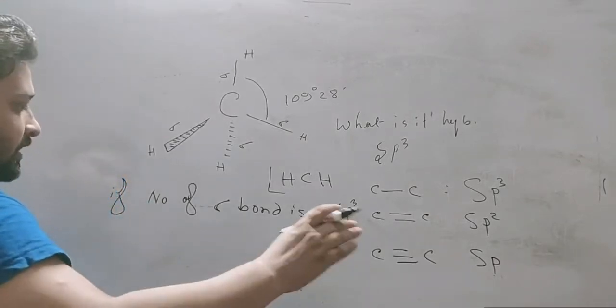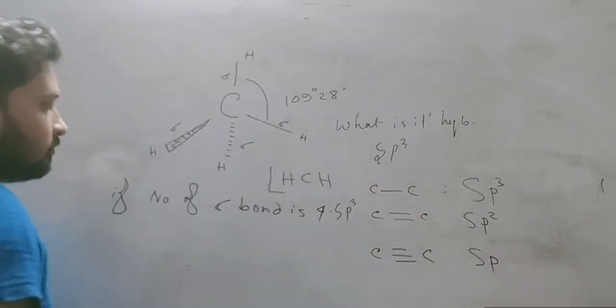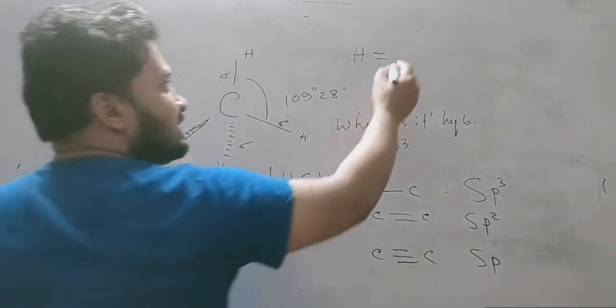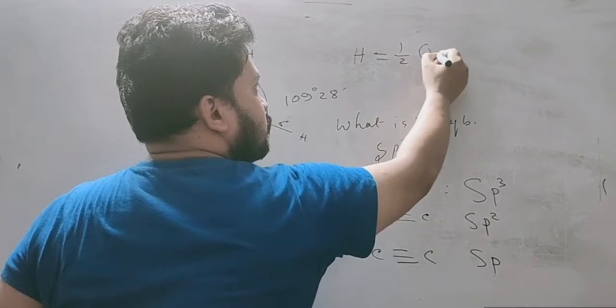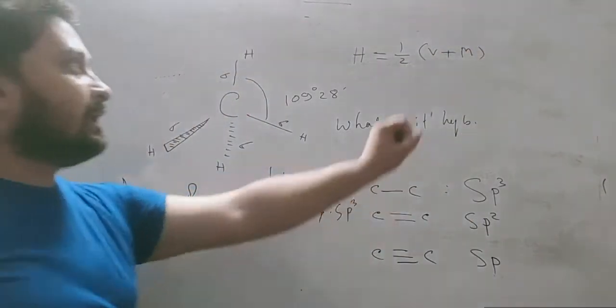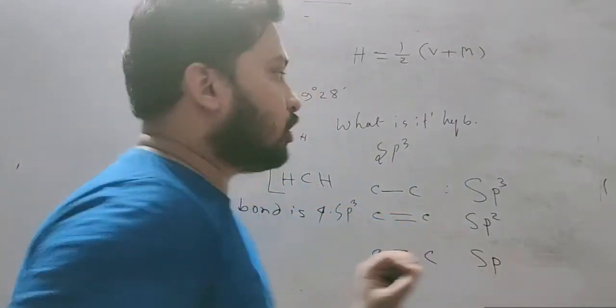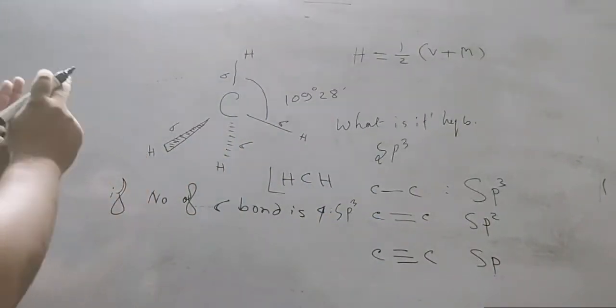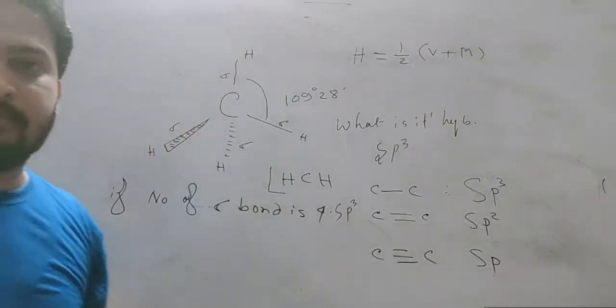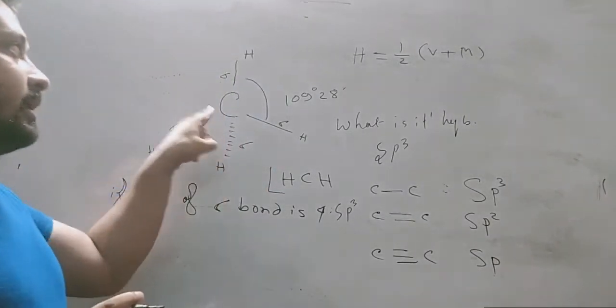And we came to know from chemical bonding the formula to calculate H, that is half into V plus M. V means the valence electrons of the central atom. What is the central atom in this case? The central atom is carbon.